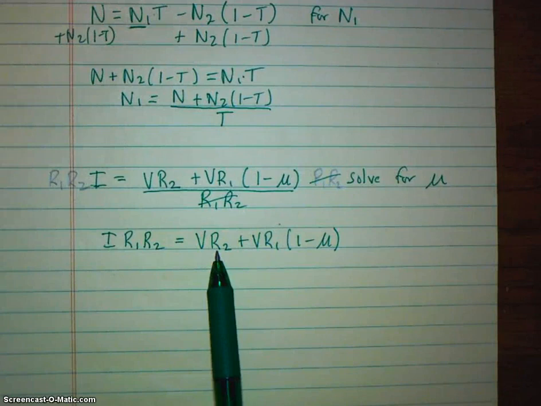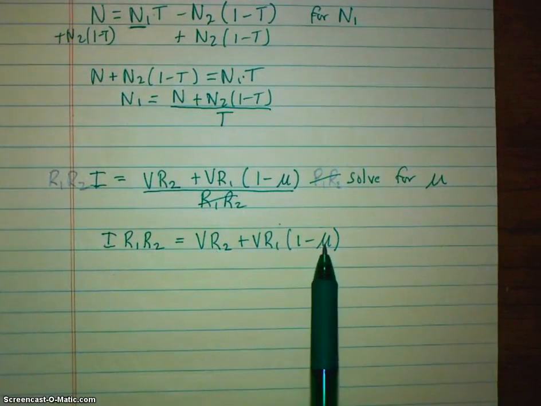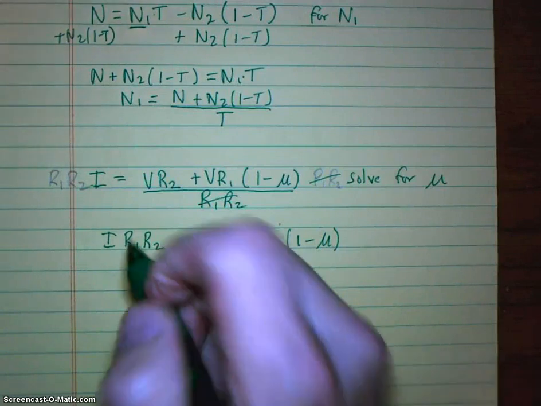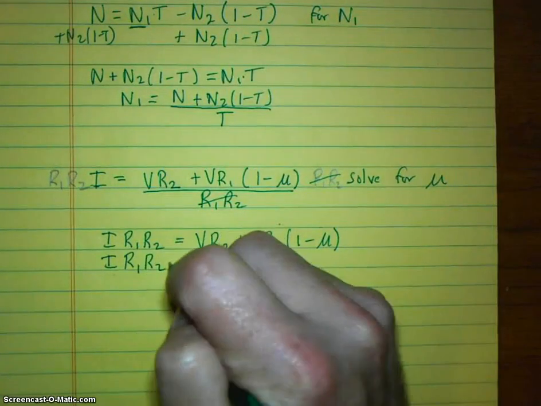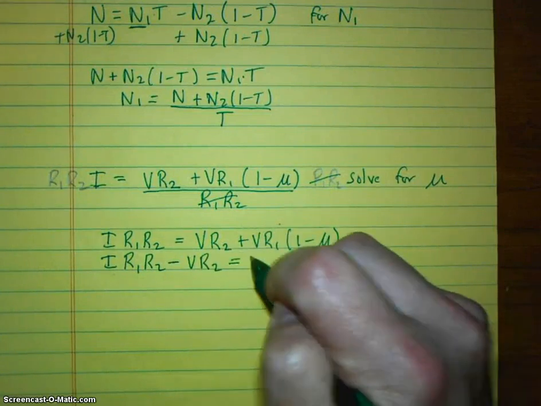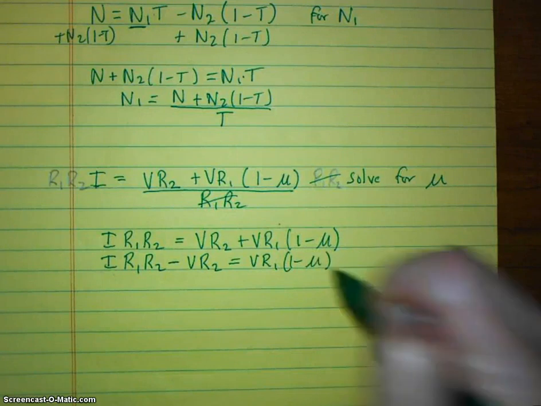The other good option here would be to distribute. Either one of those would be a good option. I'm going to do the subtraction. I R1 R2 minus VR2 is VR1 times 1 minus mu.